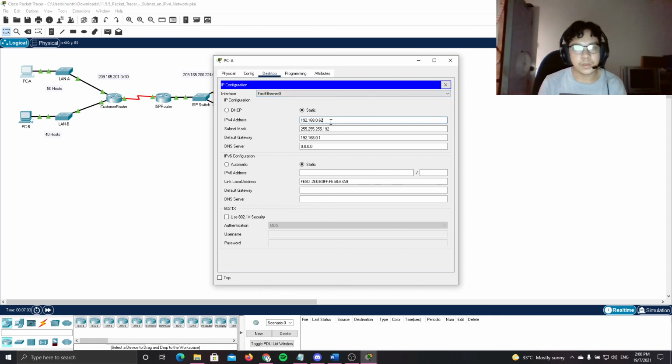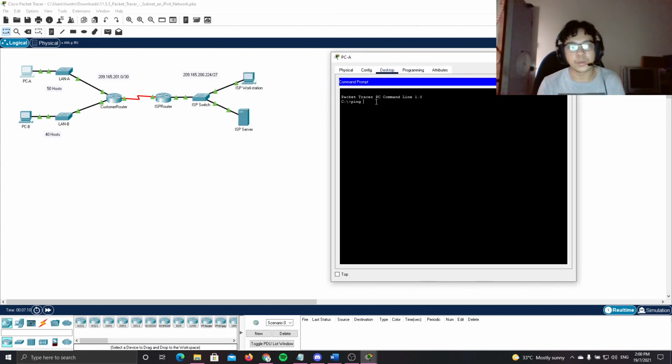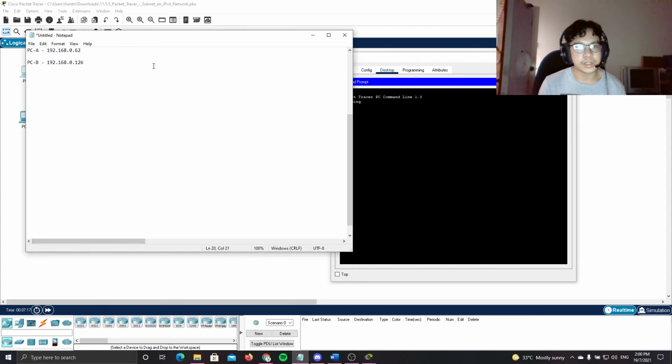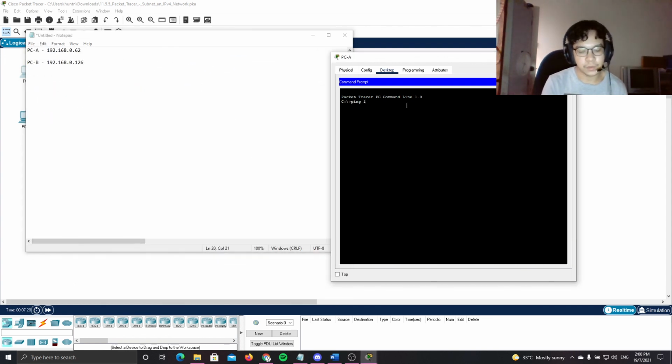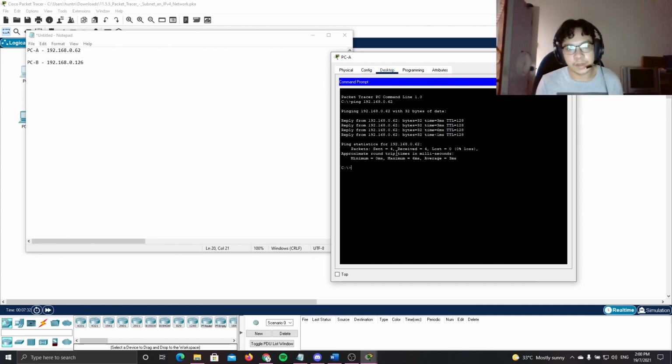So we're gonna copy this, and then we will go to the command prompt to test our network connectivity. So the command is ping and then your IP address, which is 192.168.0.62, and then press enter. If it gets a reply, that means the network connection is working. So the PCA is working.